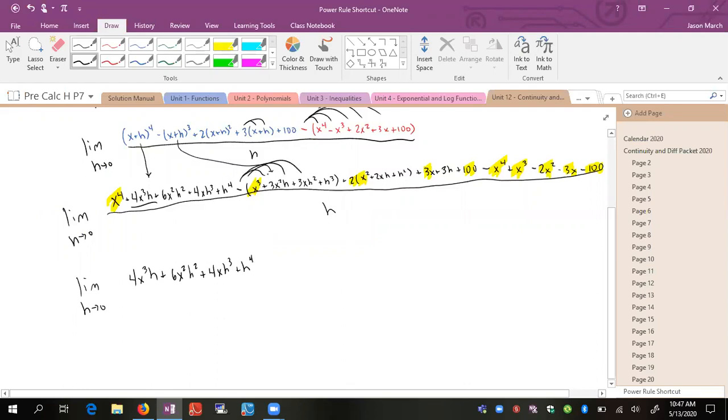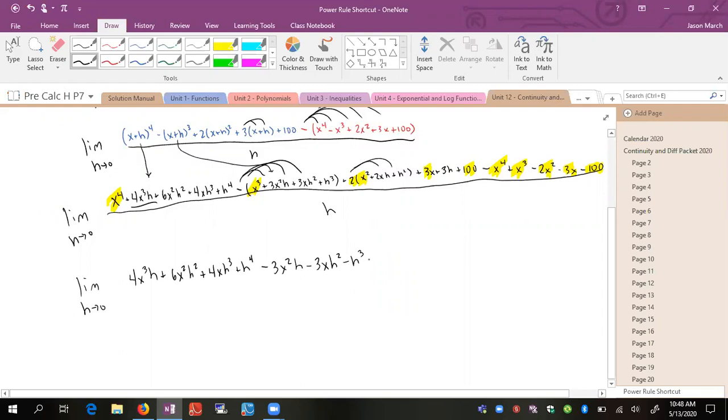So the highlighted term is now gone, but I have minus 3x squared h plus 3x h squared plus, sorry, these should be minus signs, minus h cubed.